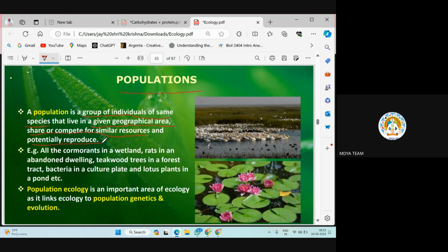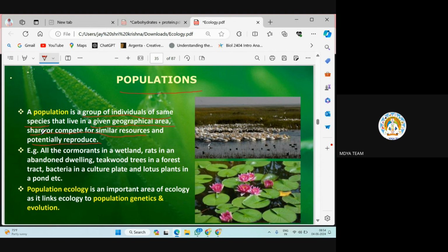First, we only consider those individuals in a population who are of the same species, like the population of humans. Next is the given geographical area. For example, we can ask what the population of India is, meaning all those individuals of the human species living in India.